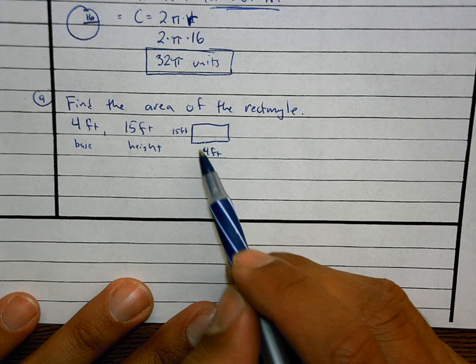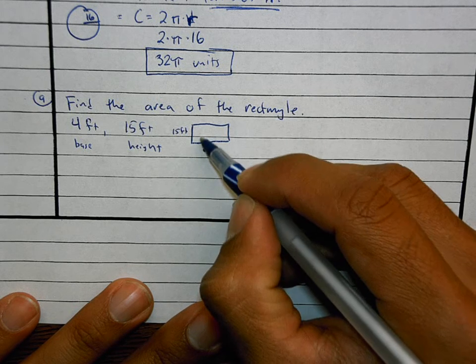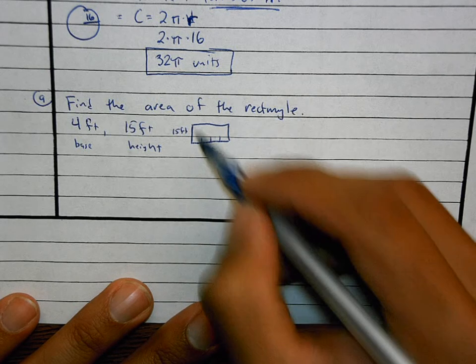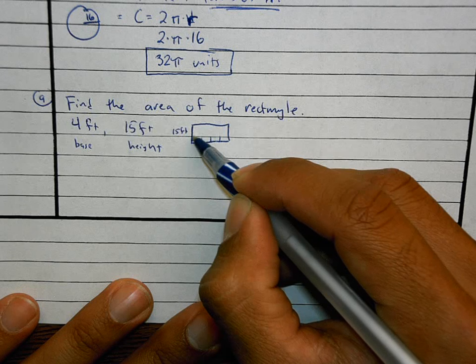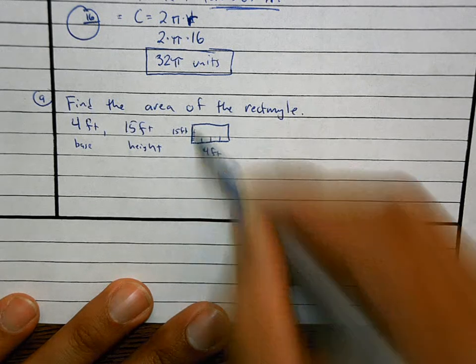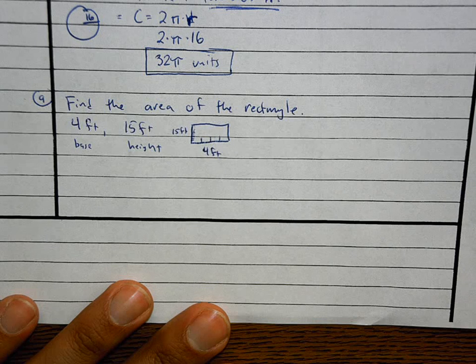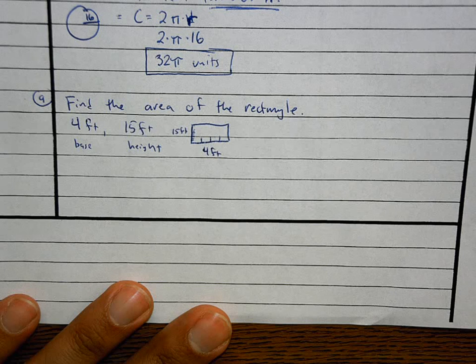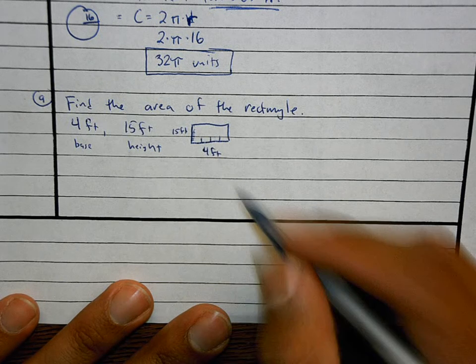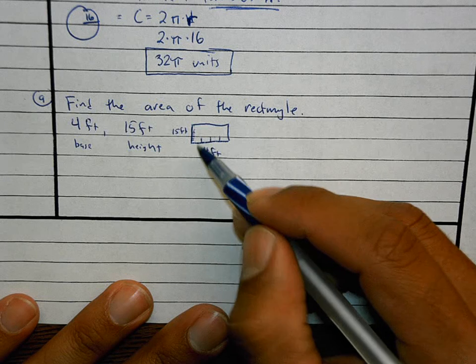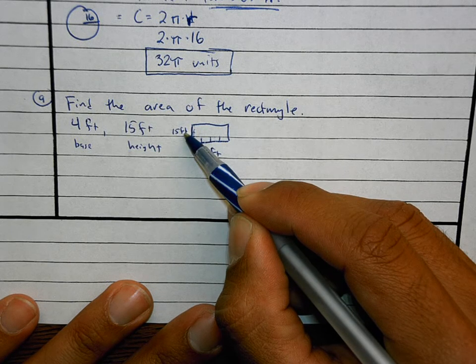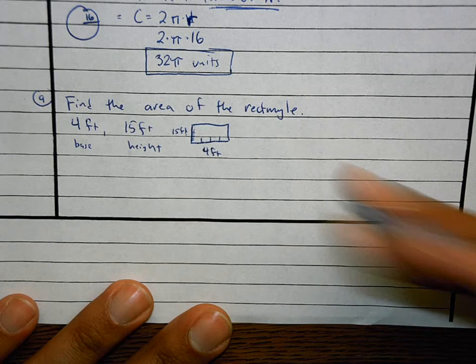If I know that this is made up of 4 slices, 4 feet like this, and then there's 15, imagine that there's 15 of these little lines like that, and I want to know how many squares are in it. Instead of counting each square individually, the fastest way to count is to just multiply your two numbers. If I want to know how many squares are in this, I take the 4 and I multiply it by the 15 to figure out what the area is.